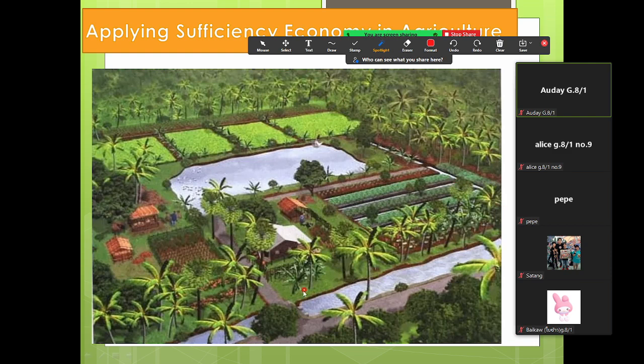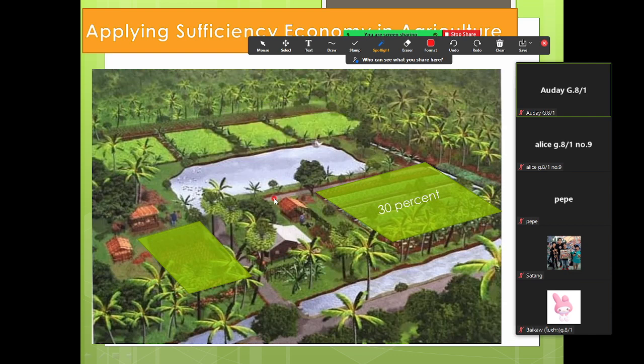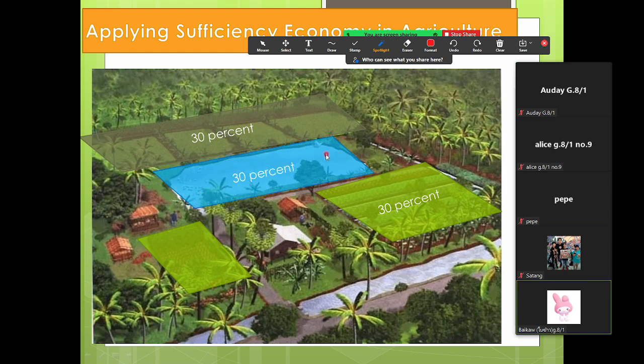You can put 30% for planting vegetables and other plants, another 30% for the rice, and another 30% on digging a pond to put fish, or a fish pond, and the other 10% for your house and other farm animals.